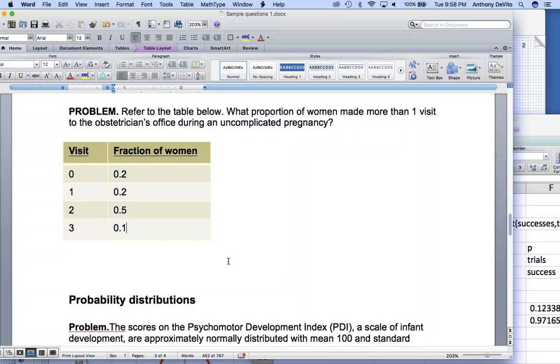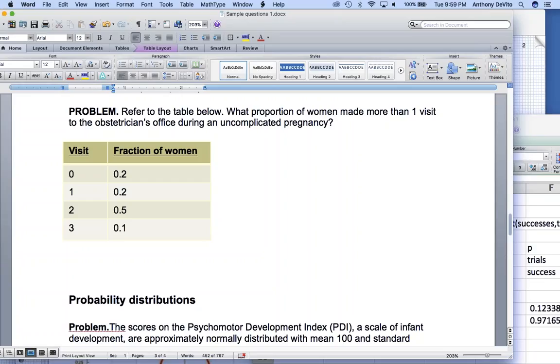Now that might be complicated by a question like, given that a woman in this population has visited the obstetrician's office, what's the probability that she went 3 times or more? Do you want to tell me what that might be?